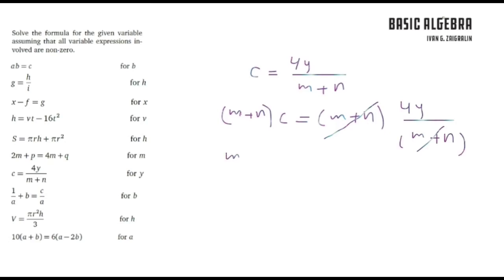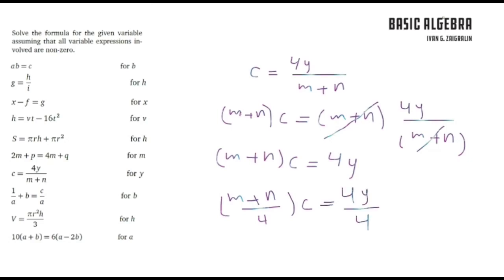So m plus n times c equals 4y, and we divide each side by 4. So m plus n over 4 times c equals 4y over 4. This 4 goes with this 4, so y equals m plus n over 4 times c.